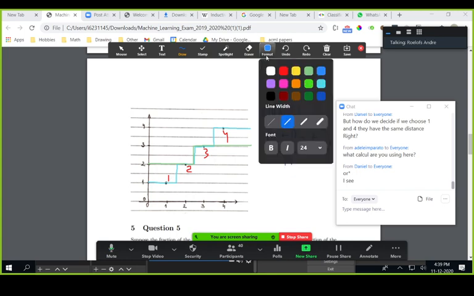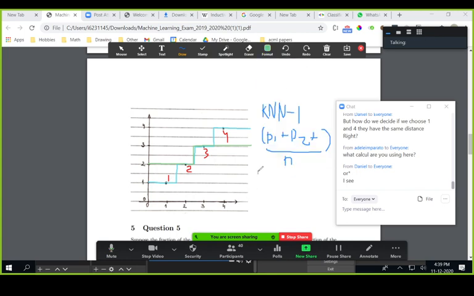For kNN 3, for example, when we start here at 0, we consider the y value of the first point, which is 1, plus the value of the second point, 2, plus the value of the third point, 3, divided by 3, divided by k.